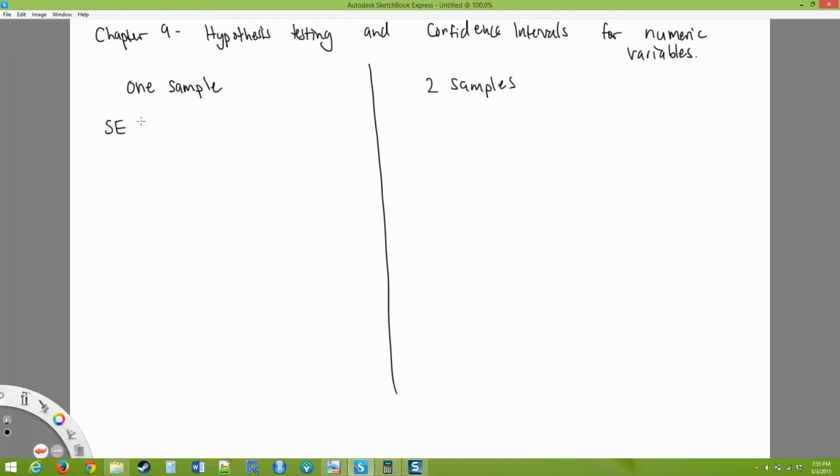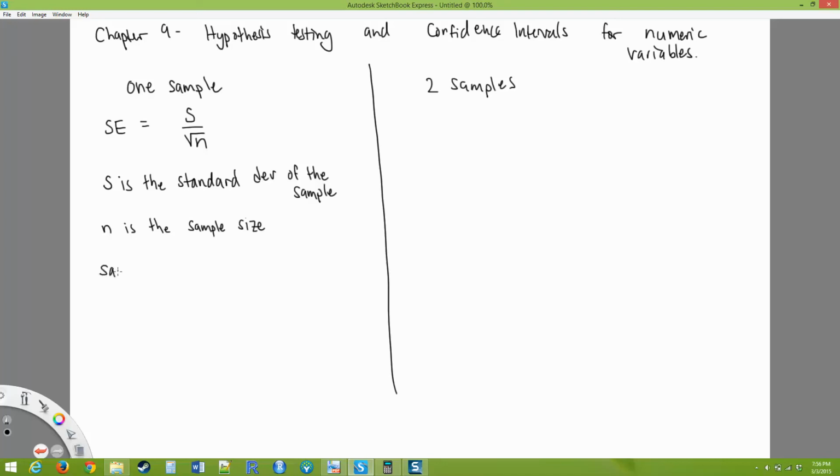So the standard error for one sample is going to be S divided by the square root of n. That's not too bad, okay? S is the standard deviation of the sample, and n is what? Sample size. Okay? And other things.